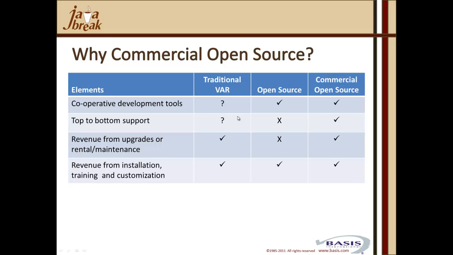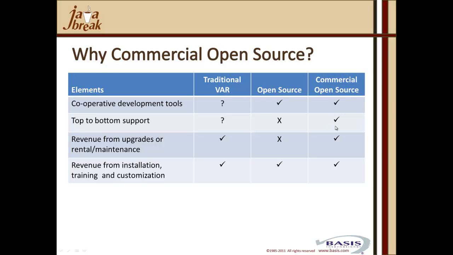Top to bottom support. Traditional VAR channel, not so much. Perhaps in the Microsoft world, you have a top to bottom approach, but there seem to be siloed efforts on that front. Open source, not really. You're going to need to weave in the various components of open source projects to make a fully sustainable solution. In our world, we provide that top to bottom approach.